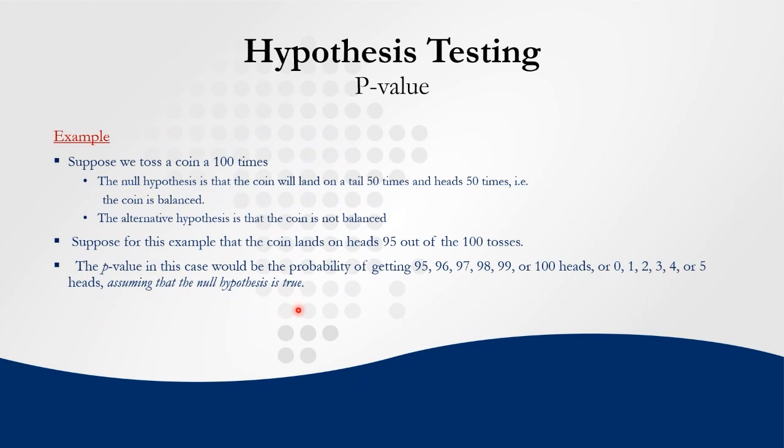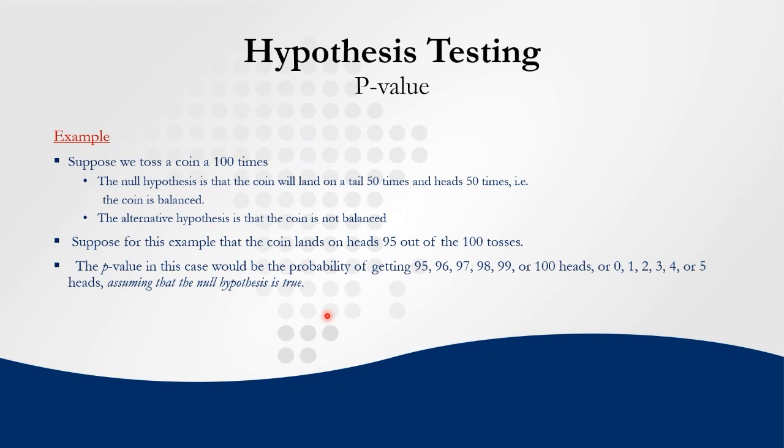So here is the example of the p-value. If we toss a coin 100 times and we have a null hypothesis that says that if it's fair, it's going to land on tails 50 times and on heads 50 times, because we are tossing it 100 times. So the probability of getting heads and tails is the same. Then the alternative will say it's not balanced.